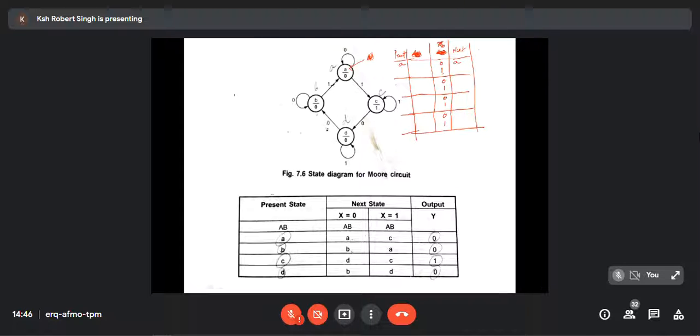Next step, what about output Y? X is 0, X is 1, doesn't matter. What about output Y at that time? Tell me. 0, yes.